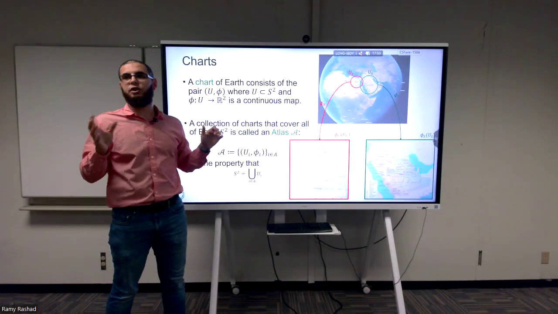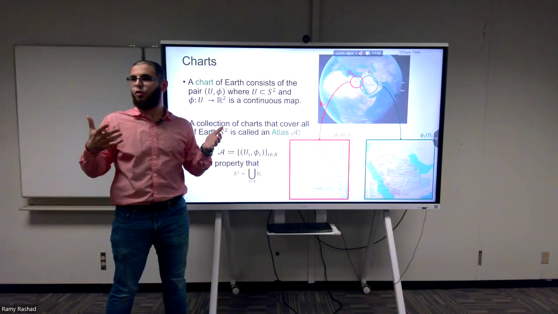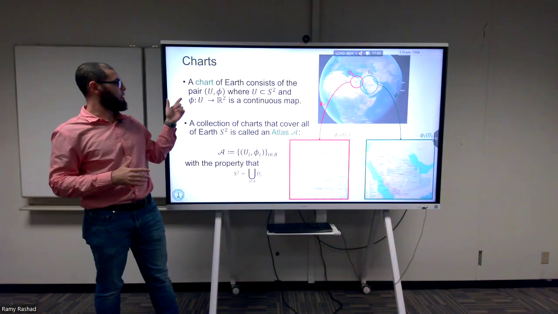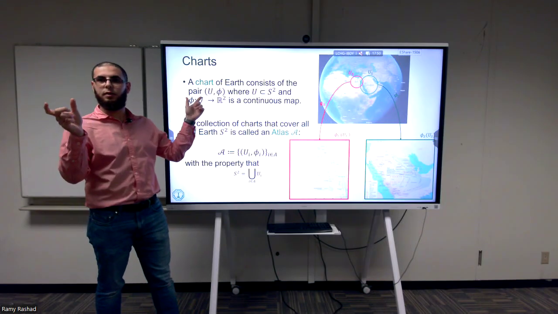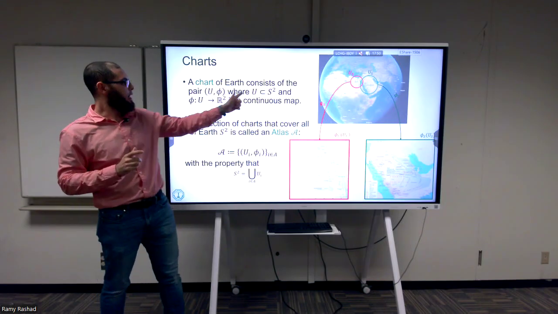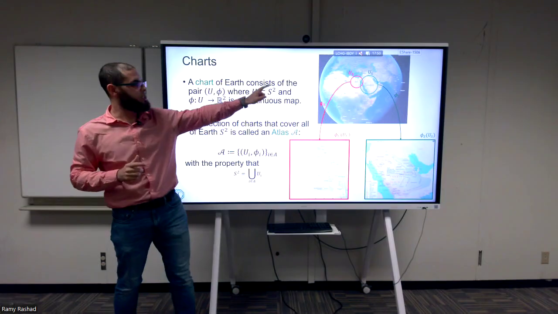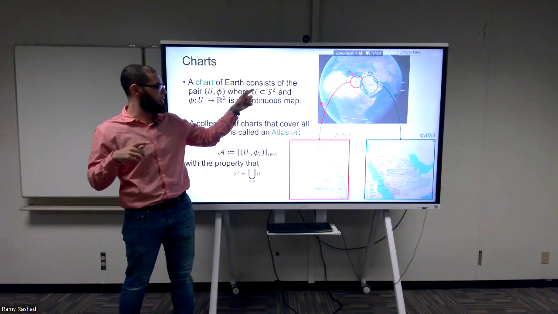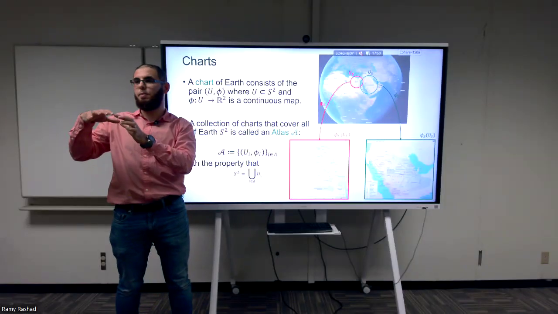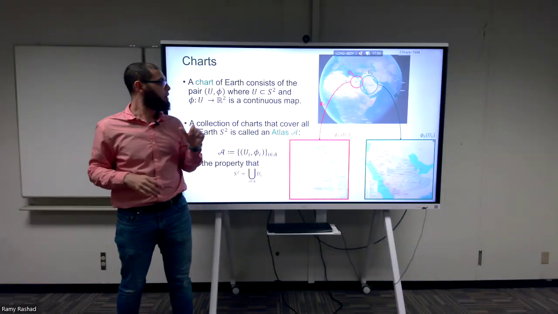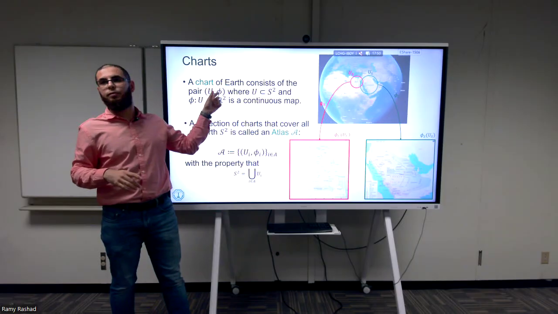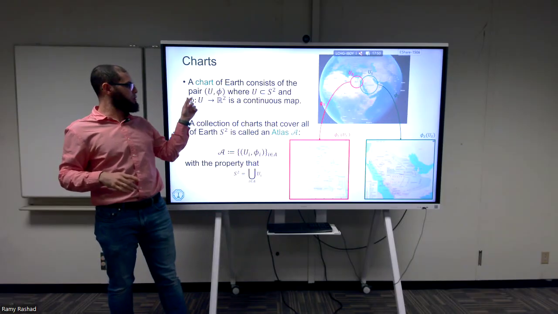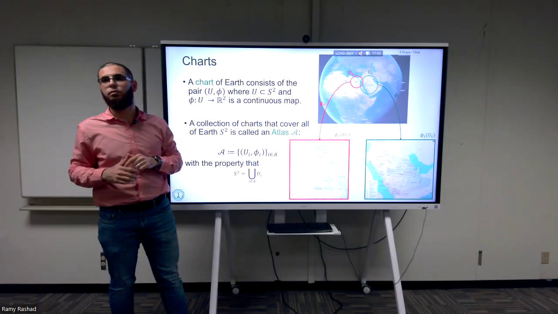A chart, in the language that we introduced, is a pair of two things. One is a subset of S2, a subset of the manifold we're talking about, and the other is a map that goes from this subset into R2.